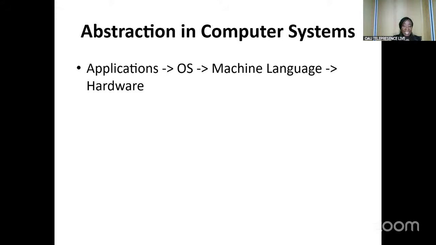So, computer systems abstraction. Here we talk about applications, operating system, machine language, and hardware. If you see the flow, anybody using a package, for example a web browser, is using what is classified as an application, and it resides on the machine that is managed by an operating system.